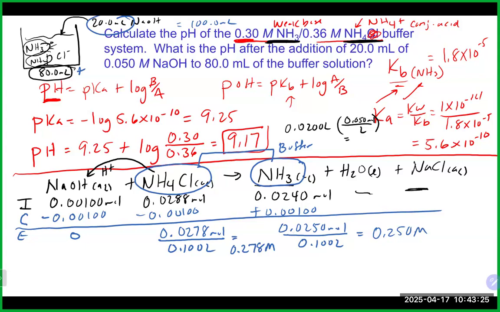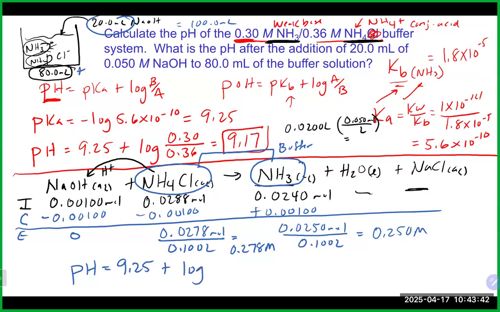Again, you do have two options. You could go back to an ICE table, or because you hopefully recognize it's still a buffer at this point, you might as well go into the Henderson-Hasselbalch, and that's what I'm going to use. Since it's really the same acid-base situation, we got the same pKa value plus the log.